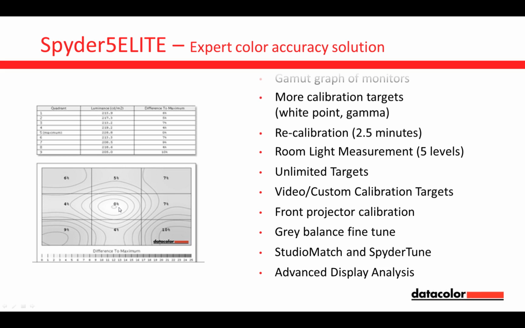Of course, in the middle, where you do the calibration, it's 0% deviation because that's the reference. But as you can see here, there's a 6% deviation up here. Down on the lower right, we have a 10% deviation. And that means in this situation, this area is 10% darker compared to what you have in the middle.